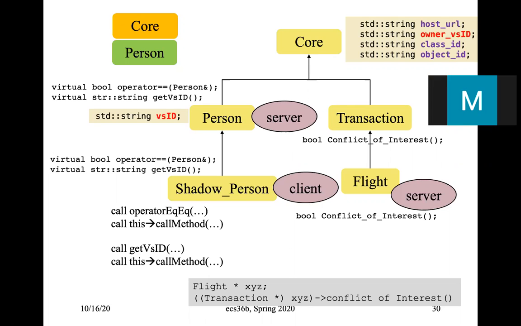So it's a compiler choice. Just to let you know, the G++ compiler detects the type of the object, then tries to find the function associated with that type, and then invokes that function. Because you change the type from flight to transaction, that's basically telling the compiler to invoke a different function. Okay, this is without virtual functions.